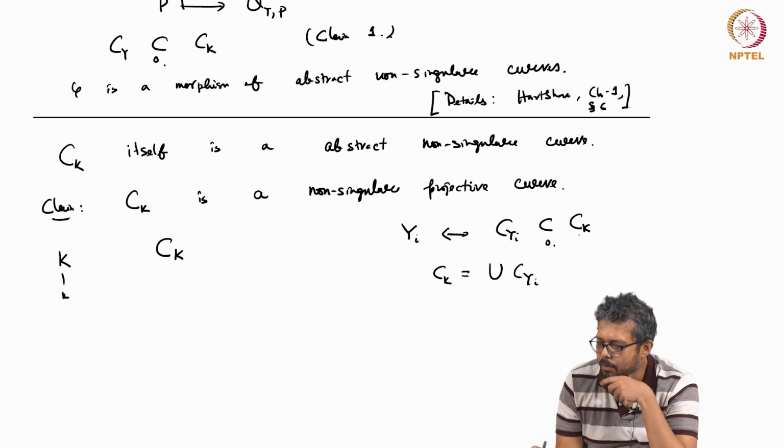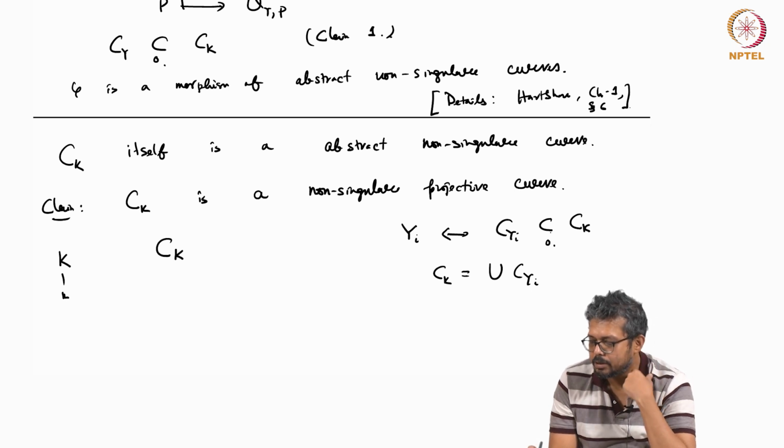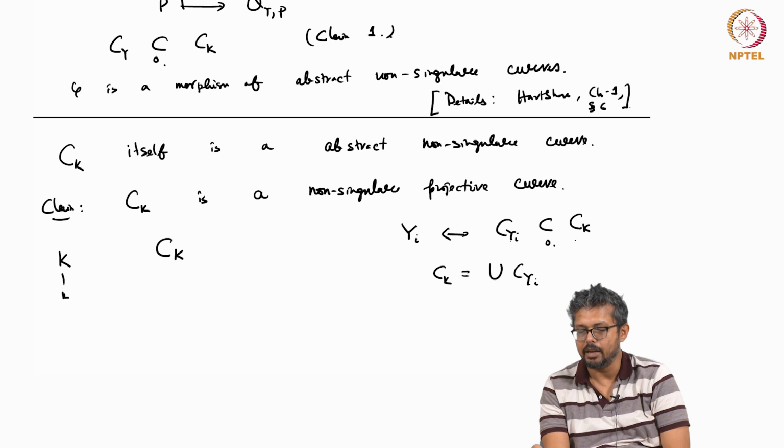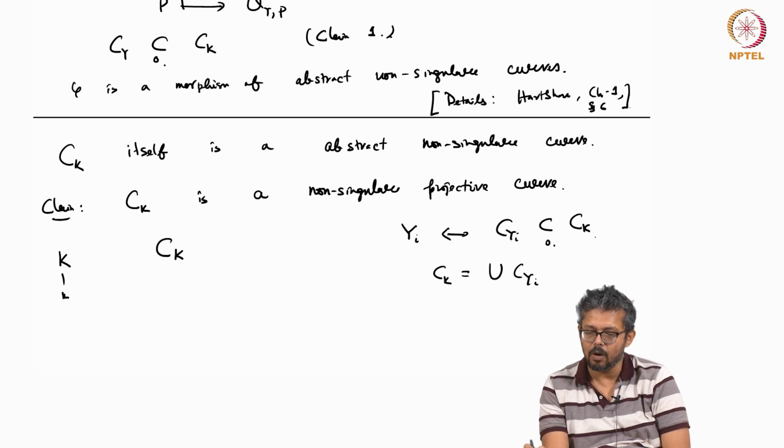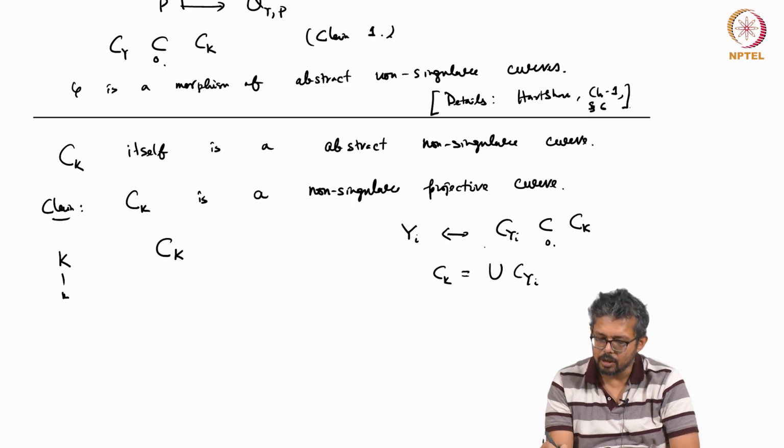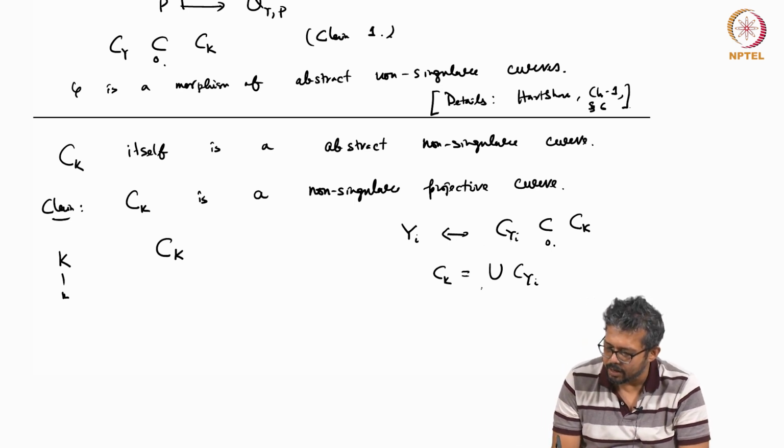This is because the complement is finite. If I take some point, some DVR, which is outside C_{Y_i}, but every DVR comes from a non-singular curve, I can construct another curve Y_2 whose local ring corresponds to that omitted point. By finite repetition you can exhaust, so you can write C_K as a finite union.